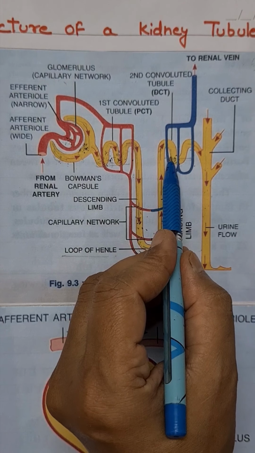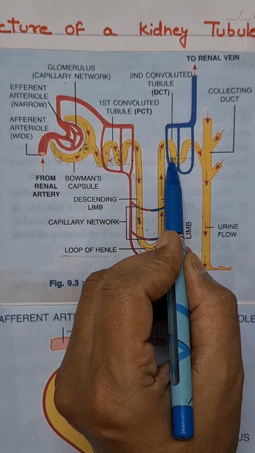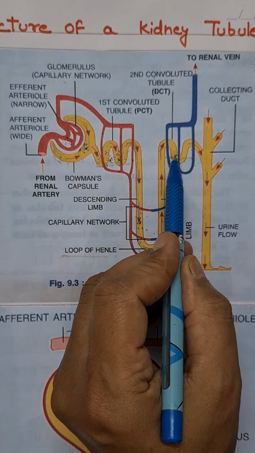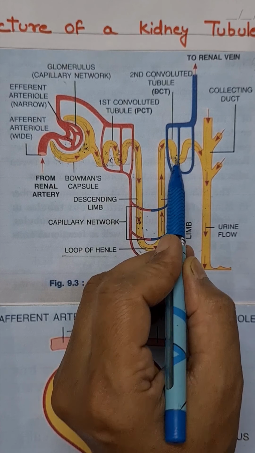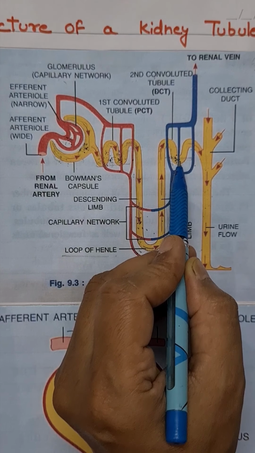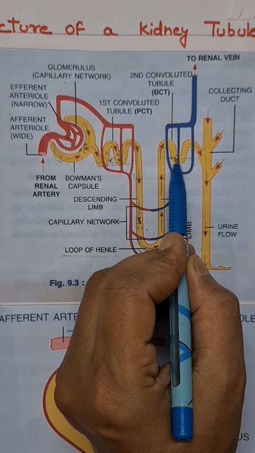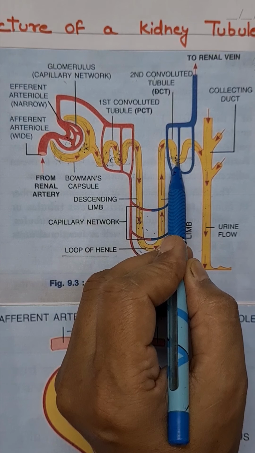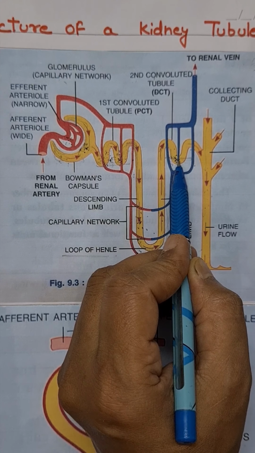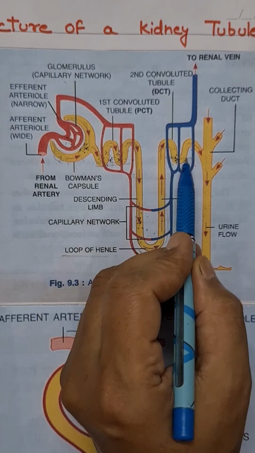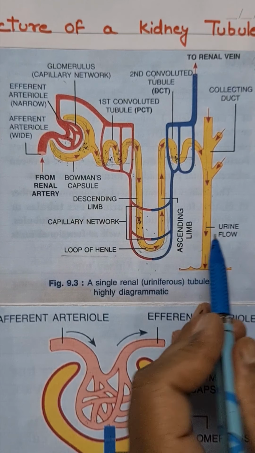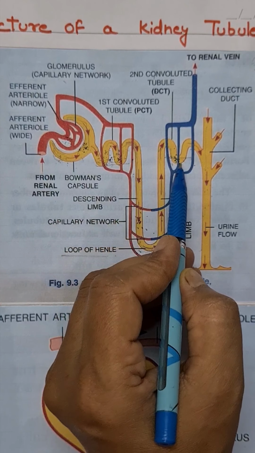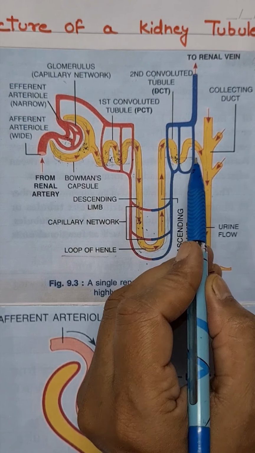After that, in the DCT, reabsorption of remaining chloride ions along with water takes place. Now, tubular secretion also occurs in this part of the renal tubule, that is the distal convoluted tubule. During tubular secretion, the metabolic waste of this tubule is also added to the fluid flowing through it, that is urine. So the filtrate which is left in the DCT after reabsorption and tubular secretion is called urine.